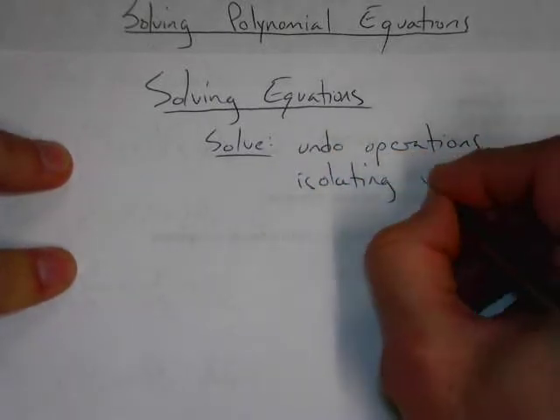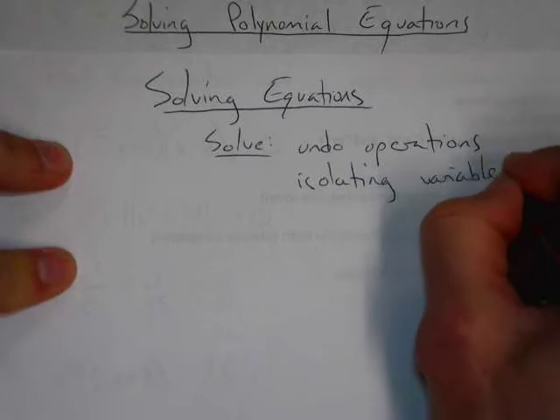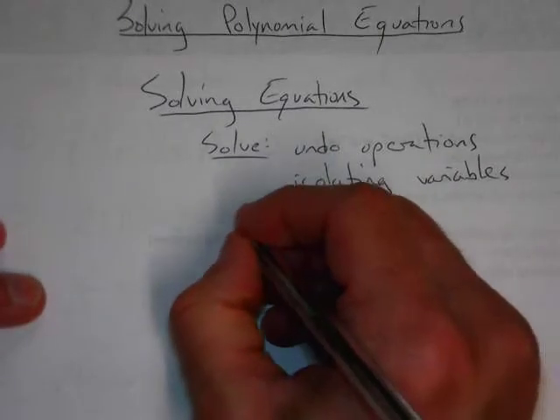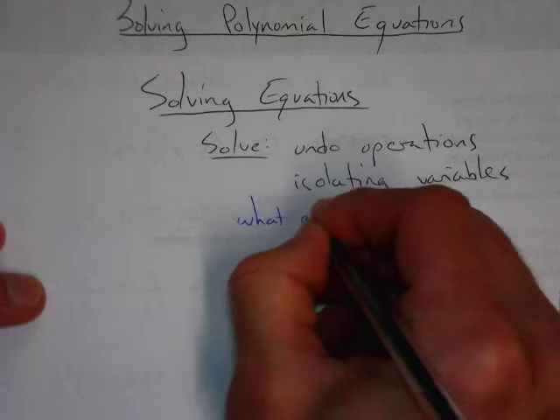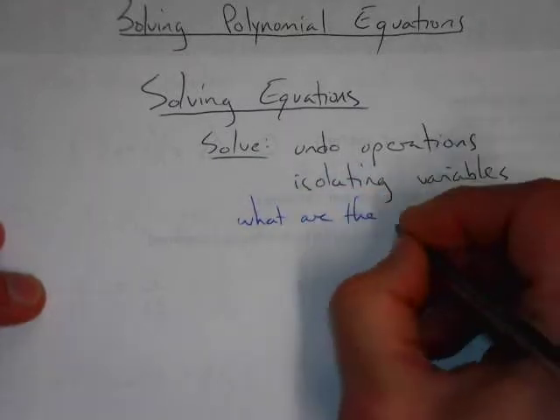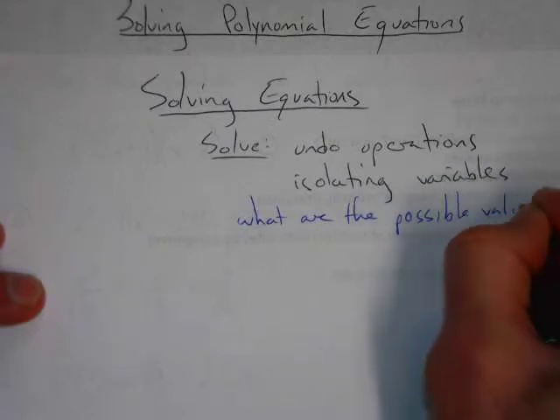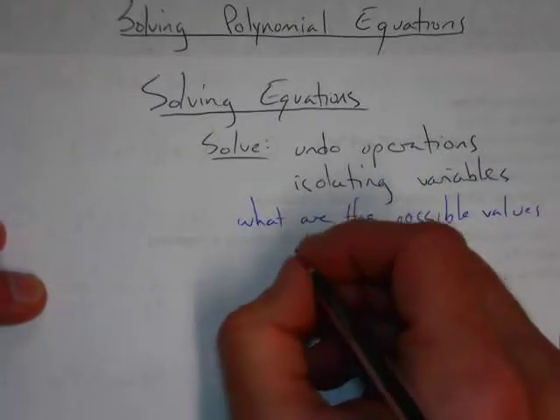The reason why is that we want to discover the possible values for the variable that make a true statement. So that's a huge note: what are the possible values to make a true statement?